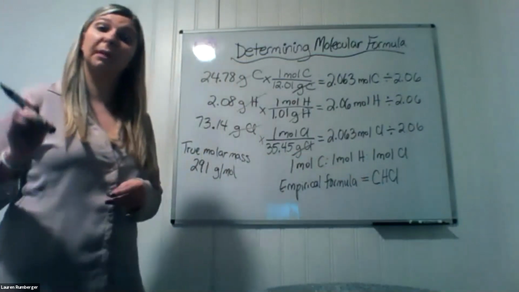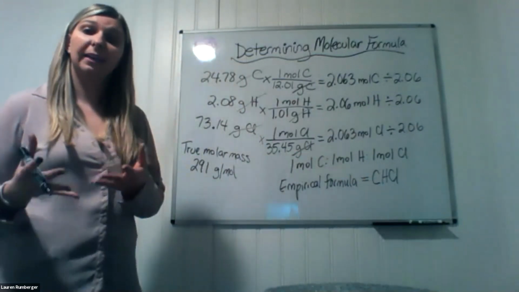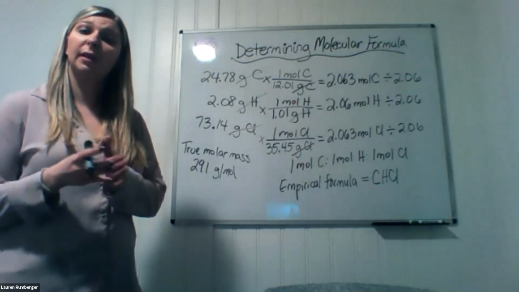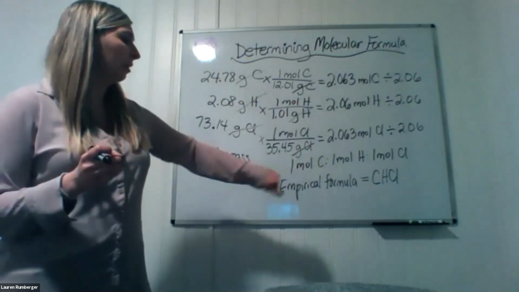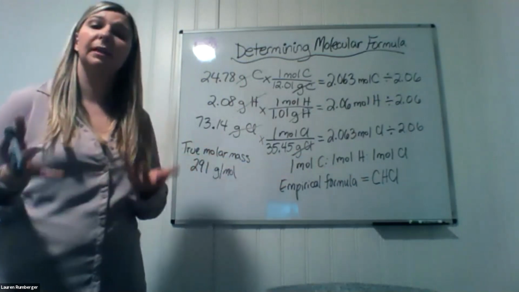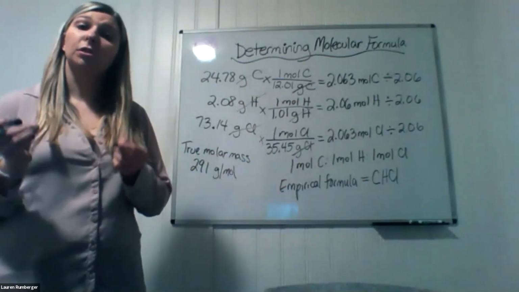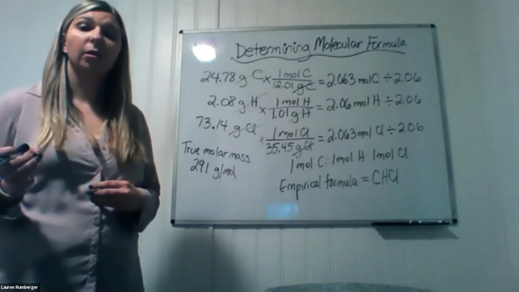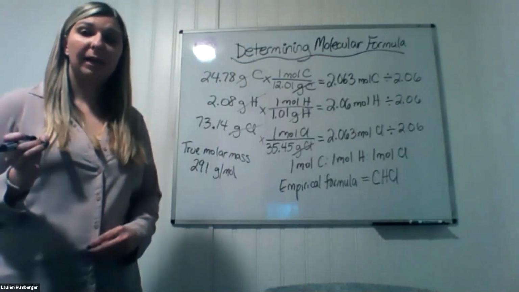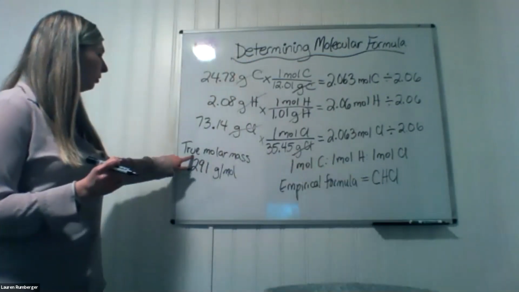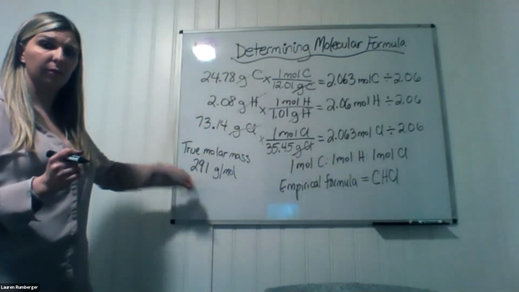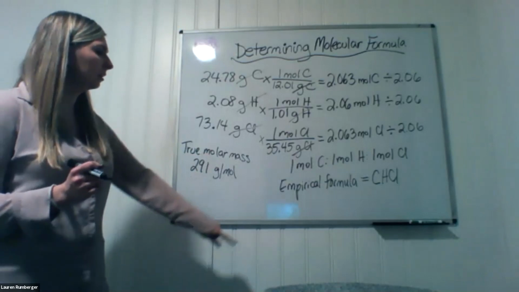Now, to determine the molecular formula, we need to figure out what that whole number factor is that will be multiplied in order to give us the molecular formula. To determine that whole number factor, we need the molar mass of the empirical formula and the true molar mass that is given. Okay, so let's take a look here.